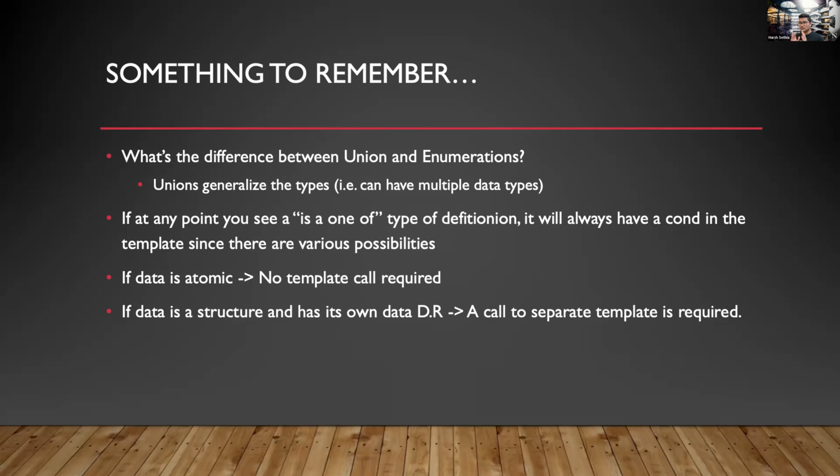So just remember, if you ever see that, put a cond by default. Within those structures, if a data is atomic, you don't need a template call. If it's not atomic, you want a separate call to it. So if the data is a structure and it has its own data recipe, a separate call to the template is required.